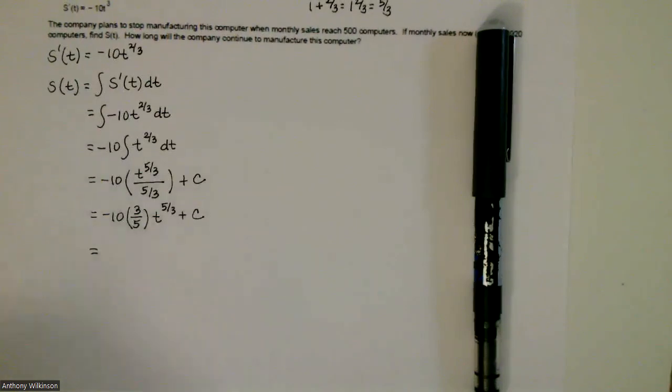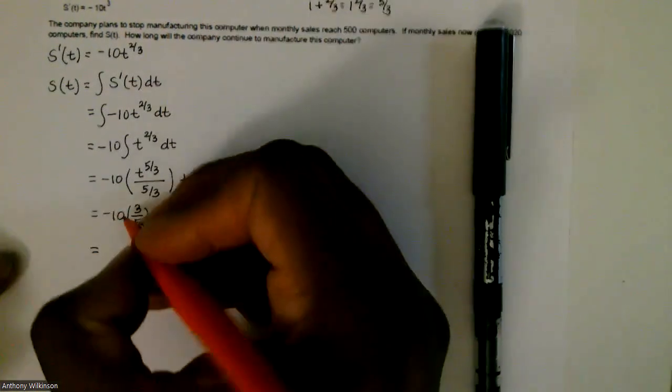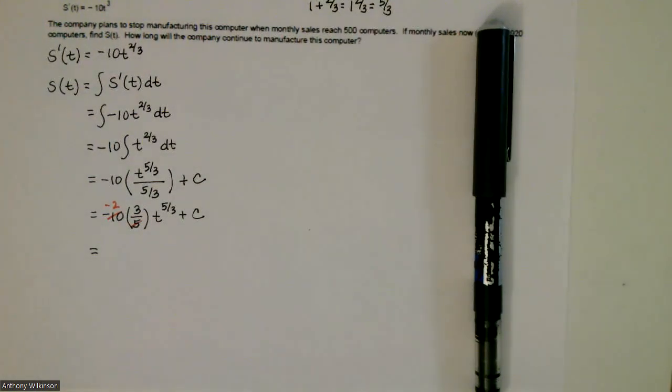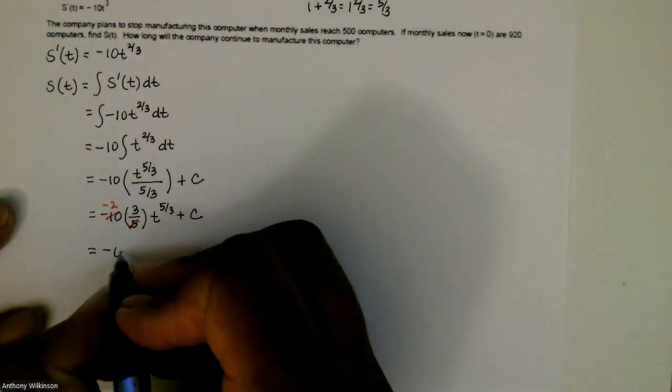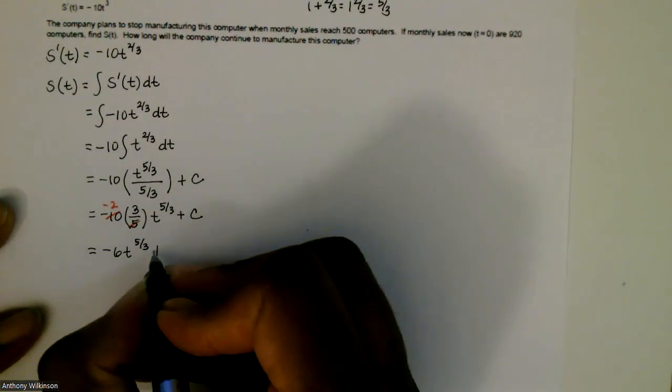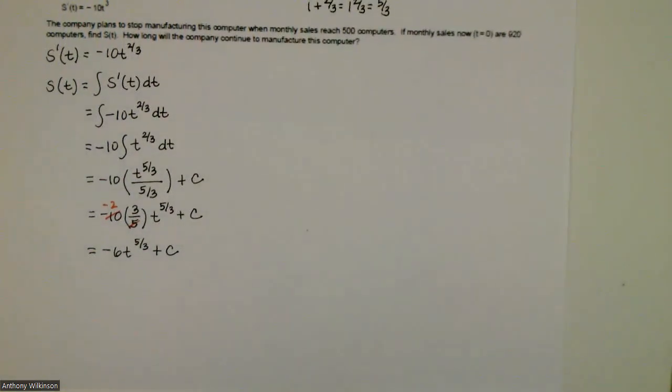Now, if I divide 5 into -10, that's going to be -2. And then -2 times 3 would be -6. So it'll be -6 times t to the 5/3 plus c. Okay.